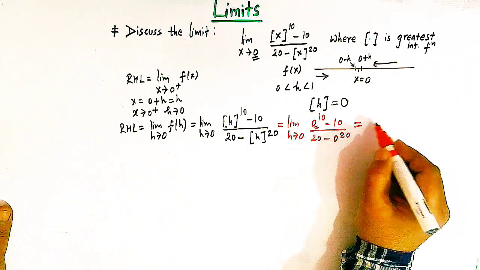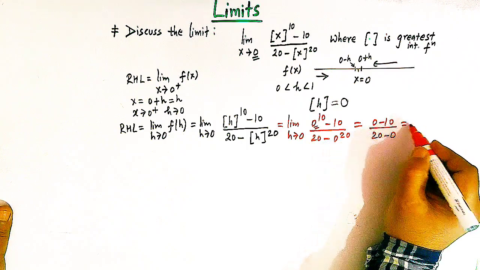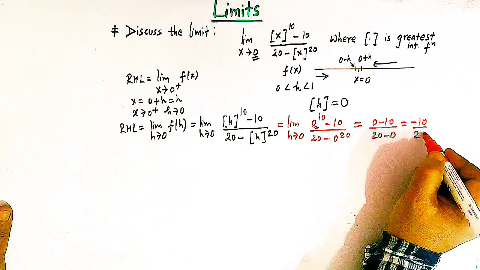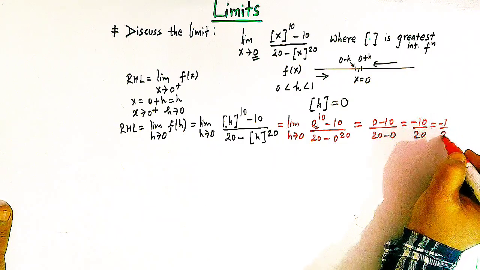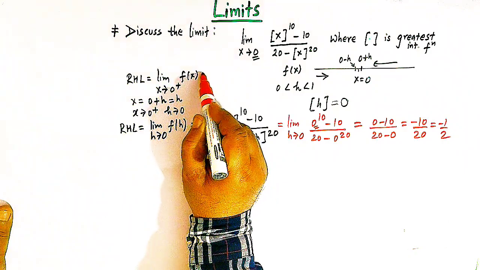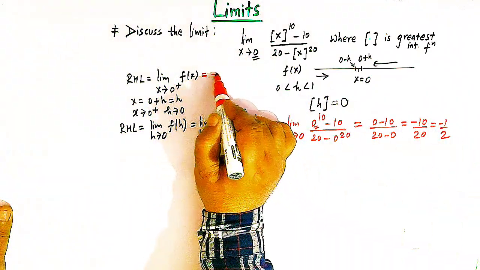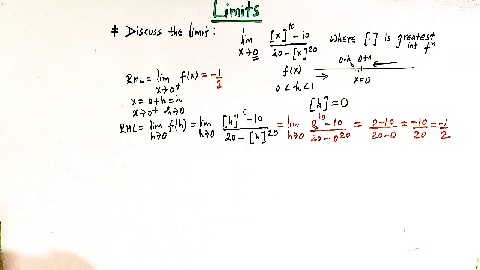So we have simply 0 minus 10 over 20 minus 0, that is minus 10 over 20, which is equal to minus half. So the right hand limit of this function when x approaches 0 is minus 1 over 2. Now let us find out the left hand limit.